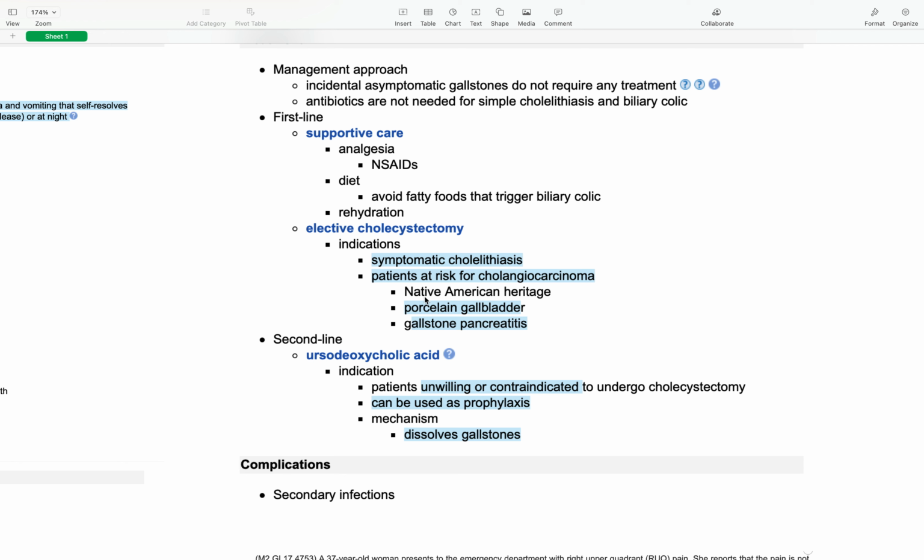So, Native American heritage, porcelain gallbladder, gallstone pancreatitis. These three conditions put patients at risk for cholangiocarcinoma, and therefore elective cholecystectomy is indicated.